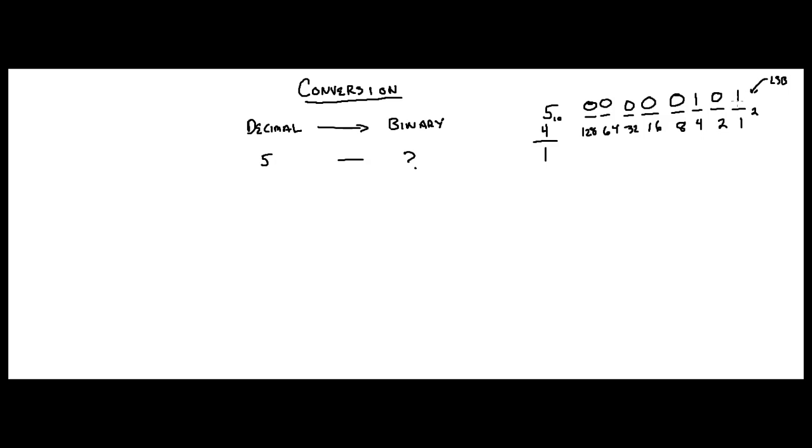Yes, it will. We'll have one of them. You have a 0. So what you're left with over here on the right is your binary number. Let's say 5 base 10 is equal to 1, 0, 1, 0, 0, 0, 0, 0 in base 2.